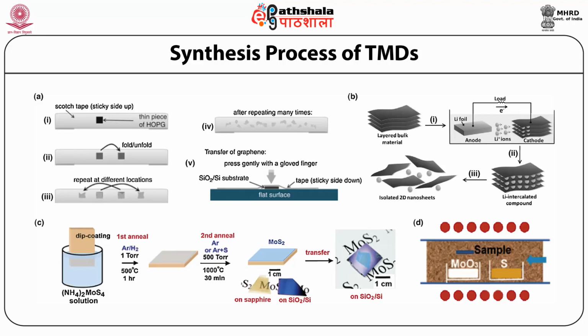Liquid exfoliation methods are likely to be better suited for fundamental and proof of concept demonstration in applications where large quantities of materials are required, such as electrochemical energy storage, catalysis, sensing, or filler for composites.